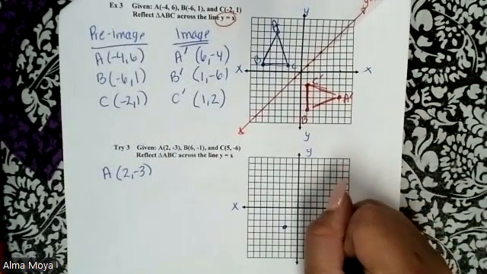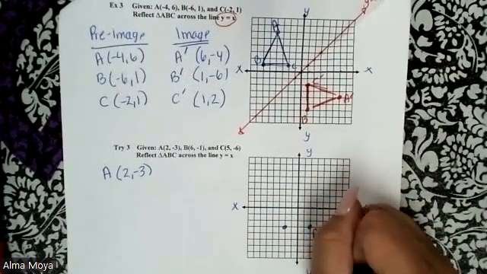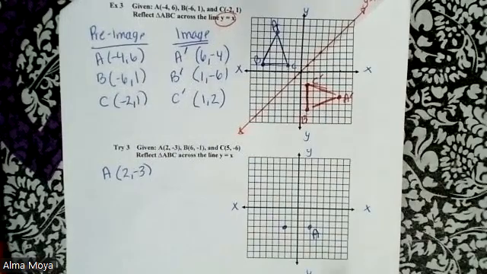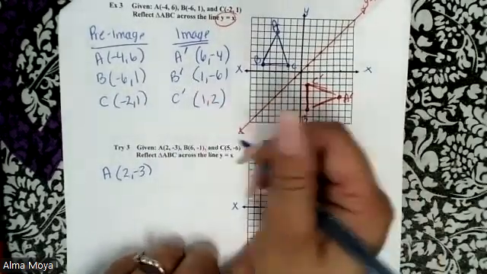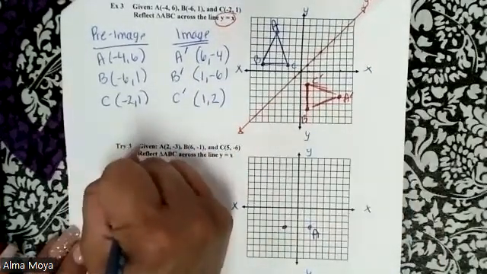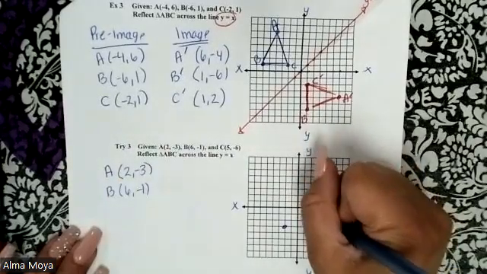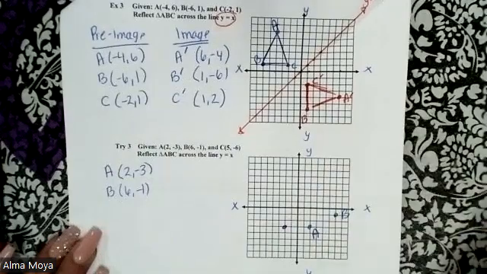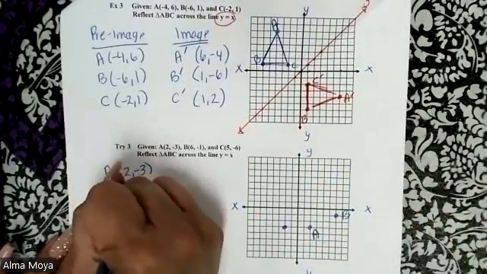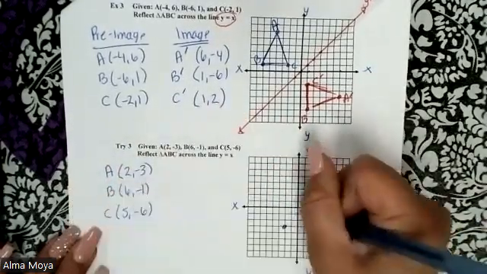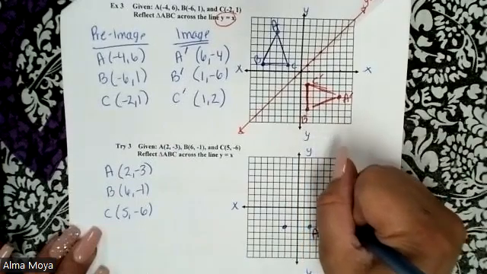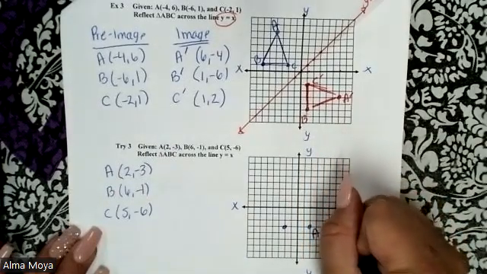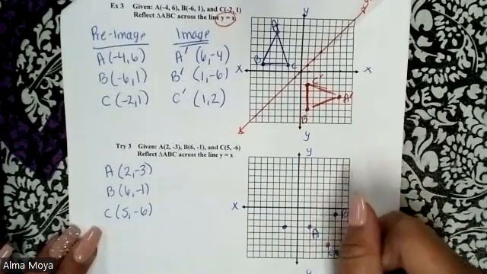B is 6, -1. So 1, 2, 3, 4, 5, 6, -1. That's my B. And then my C is 5, -6. 1, 2, 3, 4, 5. 1, 2, 3, 4, 5, 6.